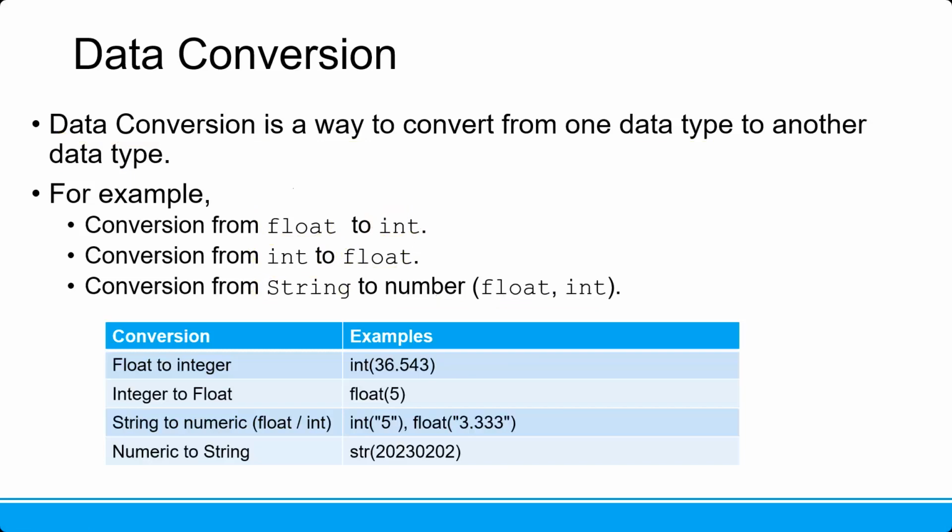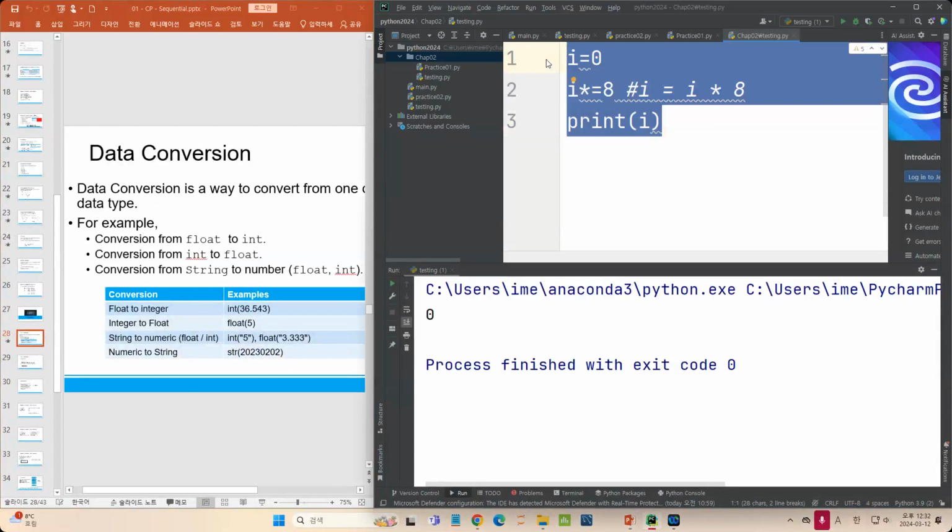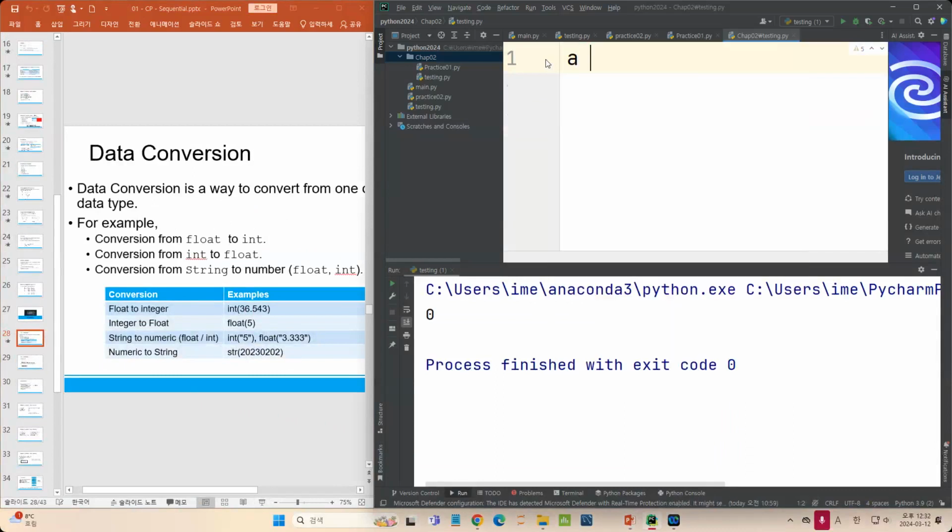For float to integer, you can use the final destination, which is int. So you put int and then inside the parenthesis, you put the numbers. So for example, let's say A is 36.543.